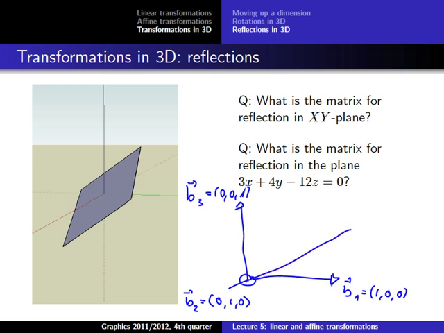Let's say this is our plane, and then of course we want the image of that vector here, so that means we have to reflect it here to this position b1, and then we get b1 dash, and that is then the first column of our matrix.